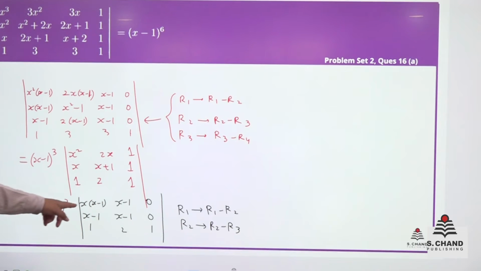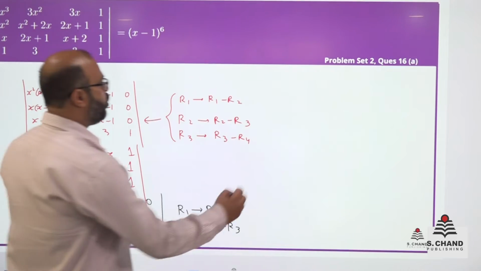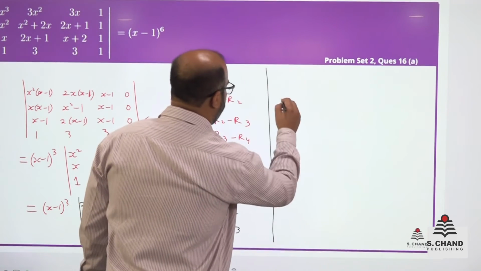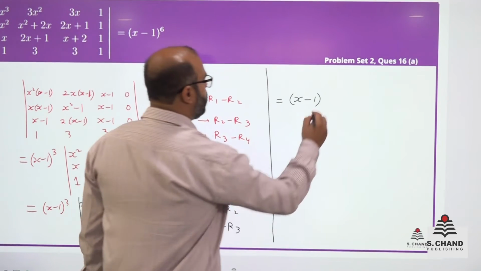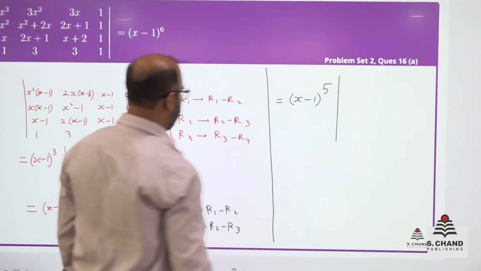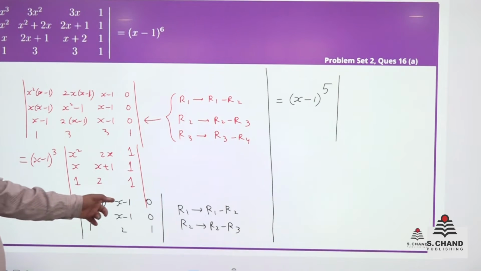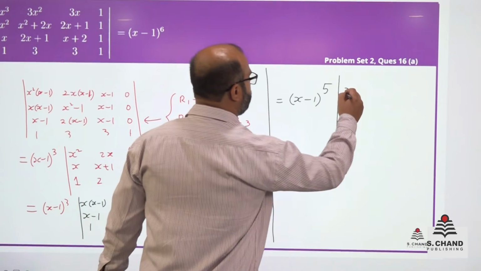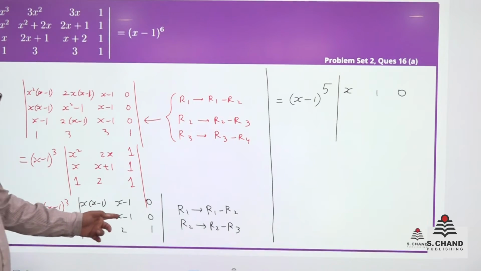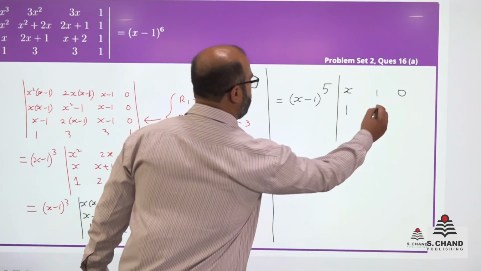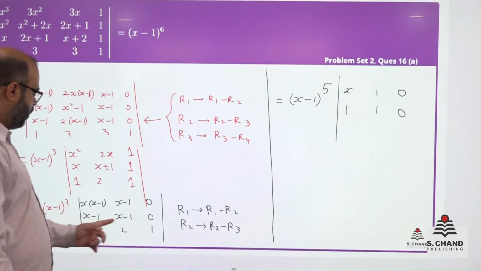Again you can take x minus 1 from the first row and x minus 1 from the second row. So it will become x minus 1 whole square, and x minus 1 to the power 3 was already there. So this will be x minus 1 to the power 5. Determinant of x, 1, 0, and then we have 1, 1, 0, and then we have 1, 2, 1.